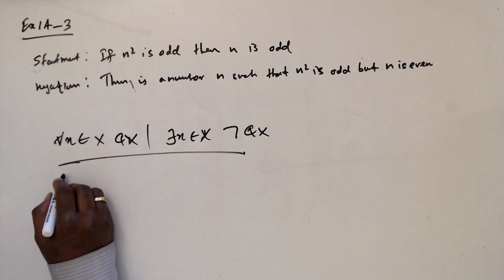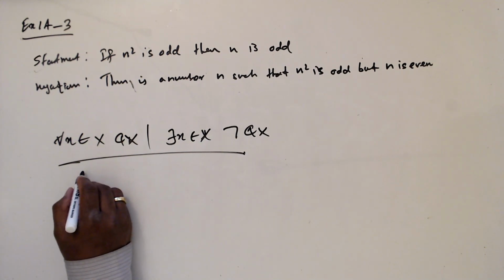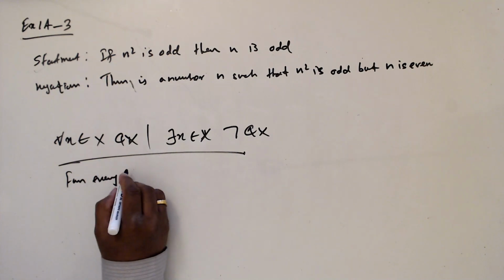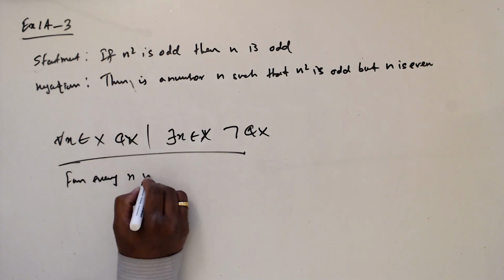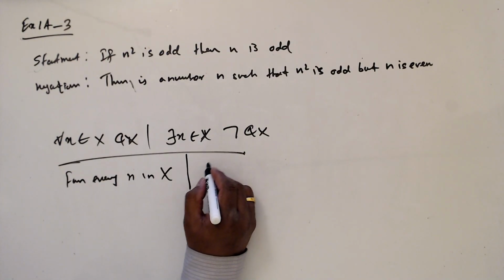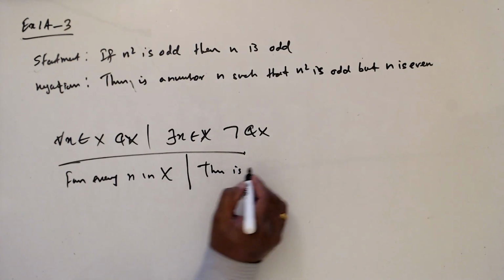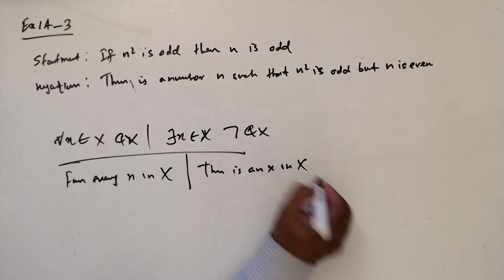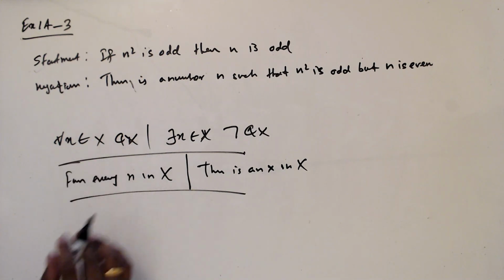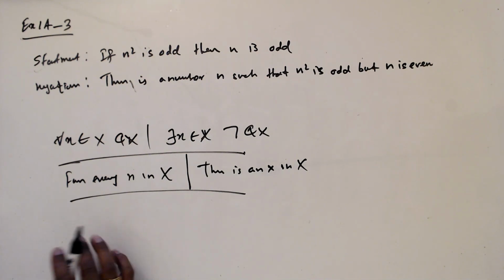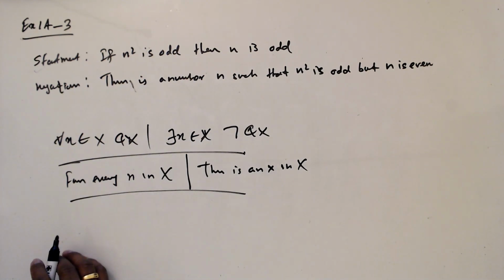And if it starts with for every x in X, then it will start with there is an x in X, something like that. There are a few rules. If I try to discuss those rules, you may get confused. So we'll stay with this knowledge and move forward.